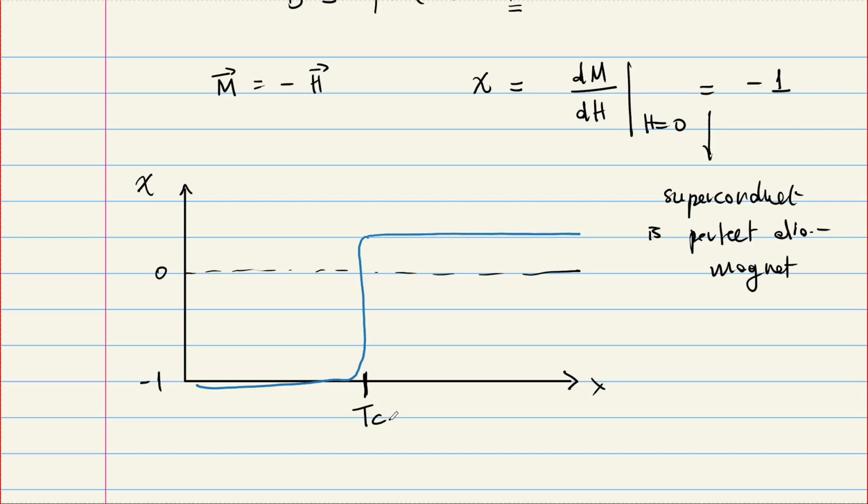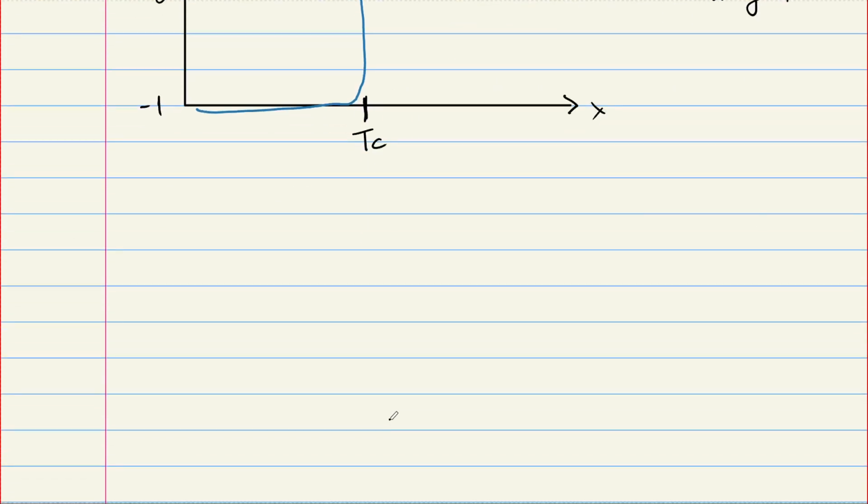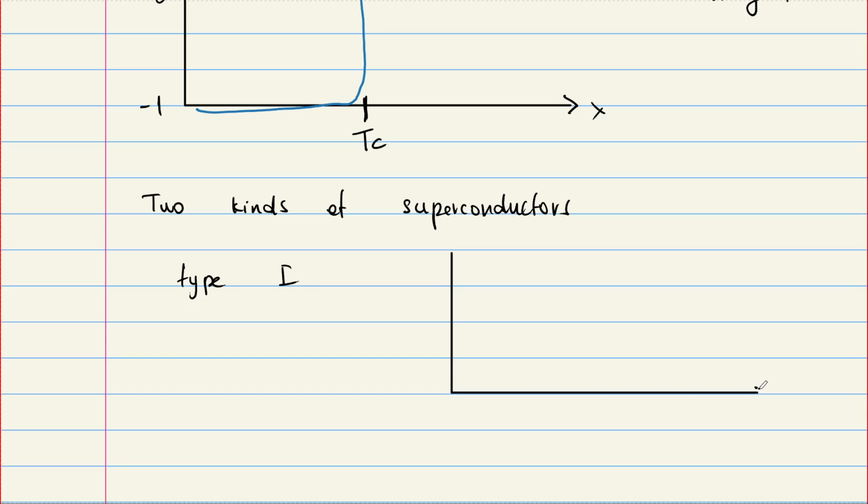And let me introduce one last thing, and then I will finish. From here, we have two kinds of superconductors. There is so-called type 1, and type 1 is something like that. So you have external fields, and let me write -M here.